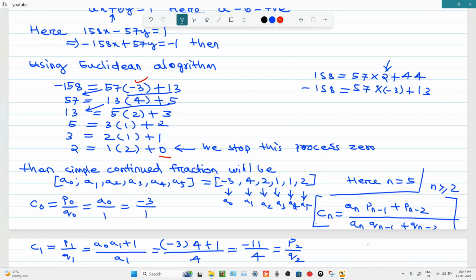These are the continued fraction values. This implies a0 equals minus 3, a1 equals 4, a2 equals 2, a3 equals 1, a4 equals 1, and a5 equals 2.